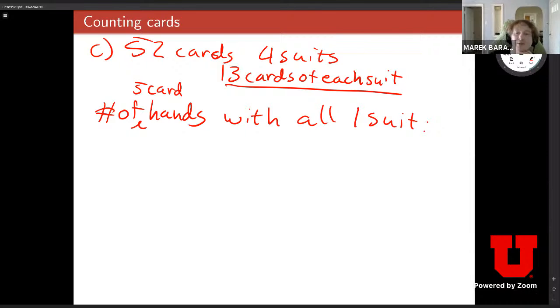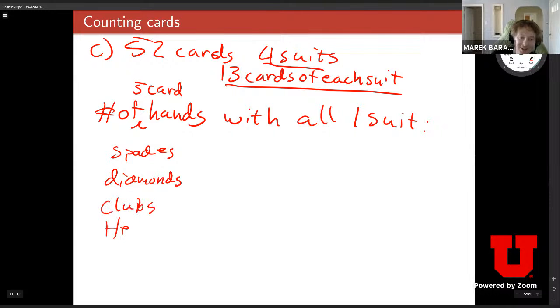So what's the first thing we want to do? Yeah, so we have 4 suits, so we have 4 possibilities: spades, diamonds, clubs, hearts, right? It doesn't matter. We can interchange each of these. So we're going to get 4 times something.